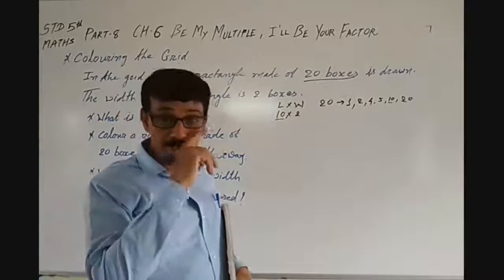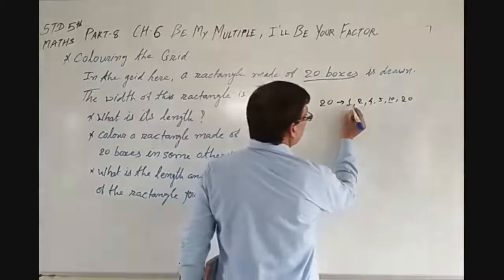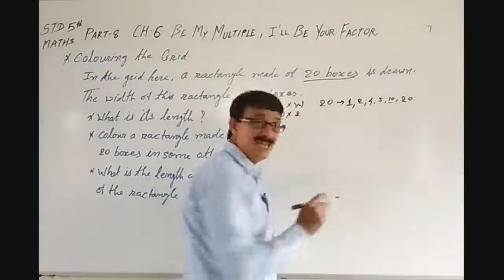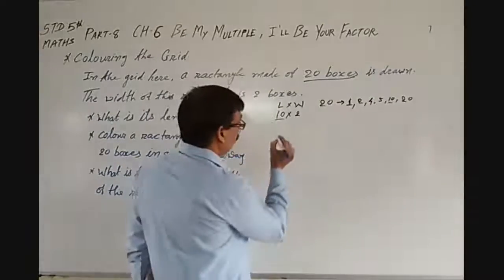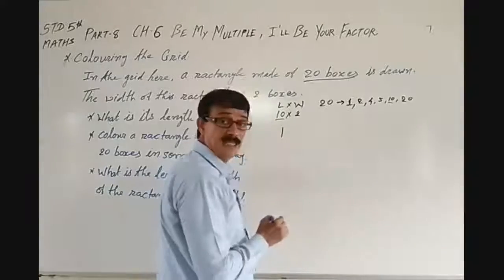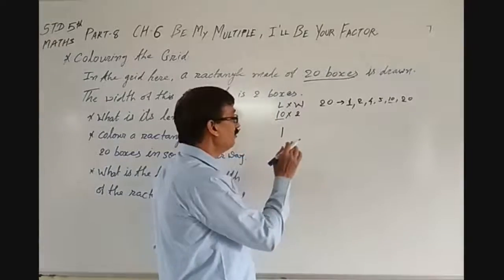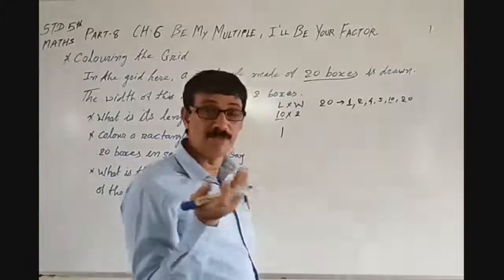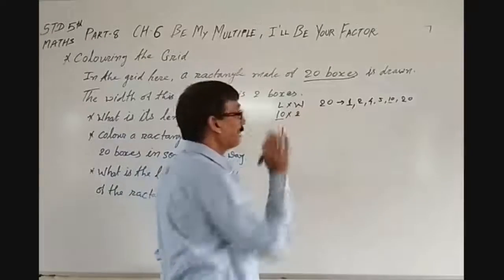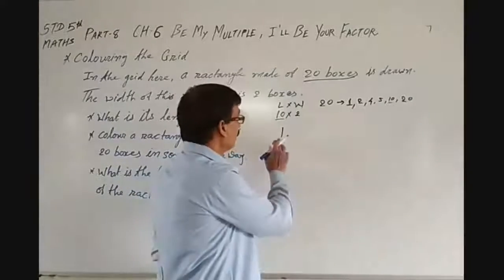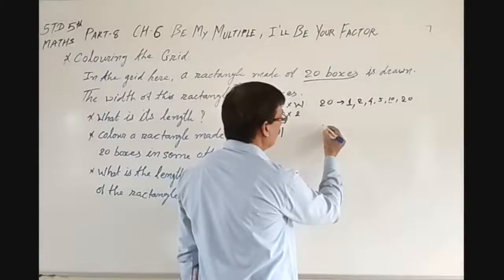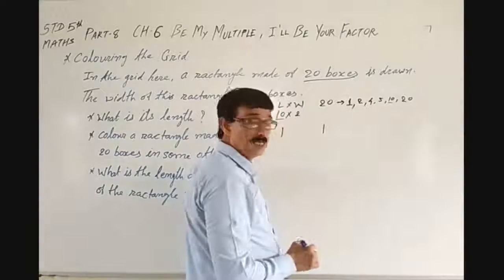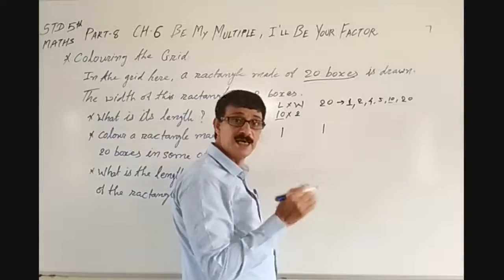Okay, so let's see from here, if 1 is the length, then width will be 20, isn't it? Why? Because length multiplied by width. अगर length 1 है, then width को कितनी होनी चाहिए? 20.